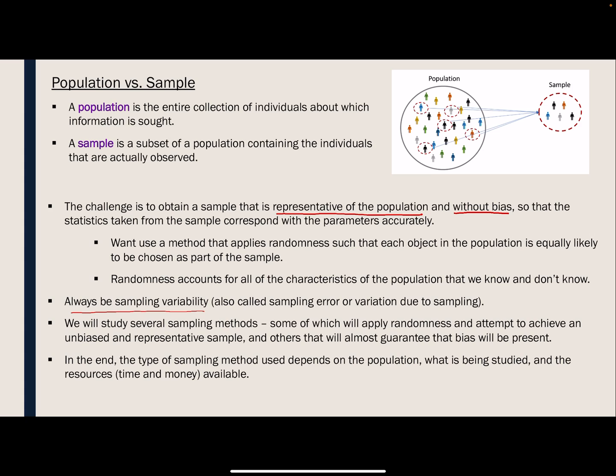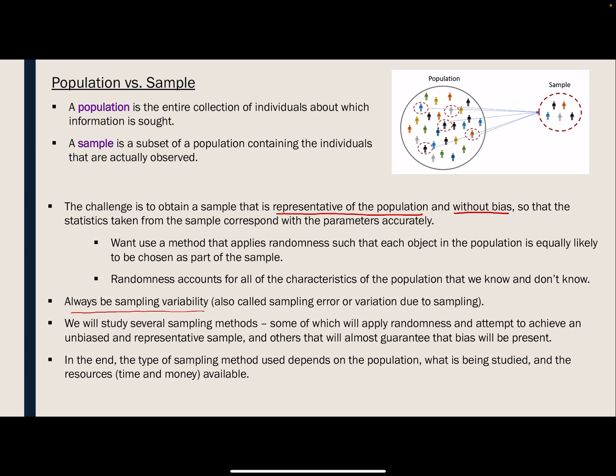And the statistics of those samples are also not going to exactly match the population, and this is because of sampling variability. It doesn't mean that there's anything wrong with the samples. It just means that we have this natural variability going on.